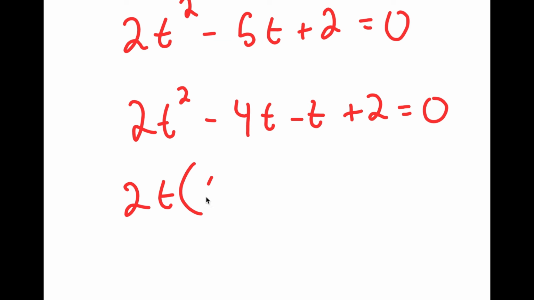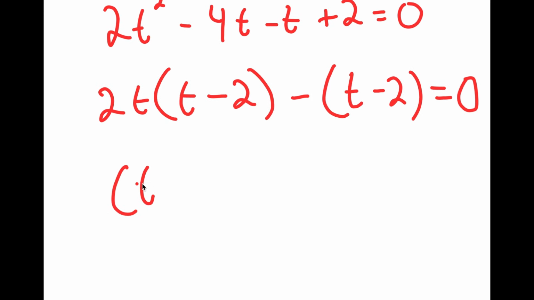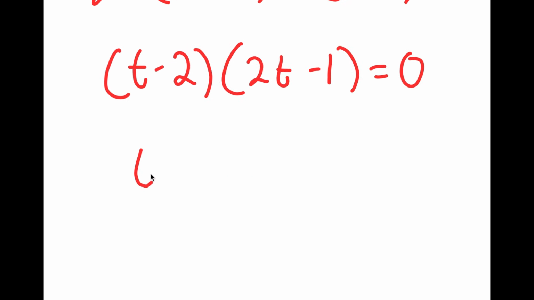So I get 2t times t minus 2. And from here, I can factor out negative 1. So I get negative t minus 2 is equal to 0. And now from all of this, I can factor out t minus 2. So I get t minus 2 times 2t minus 1 is equal to 0, meaning t is equal to 2, and t is also equal to 1/2.